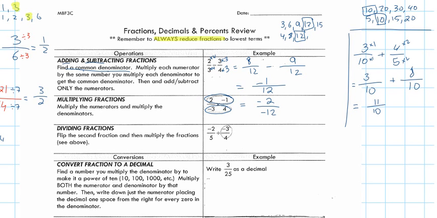Then I can divide 2 by 2 and 12 by 2. Right? Both of them can be divisible by 2. So that gives me 1 all over 6. Are we okay with this?